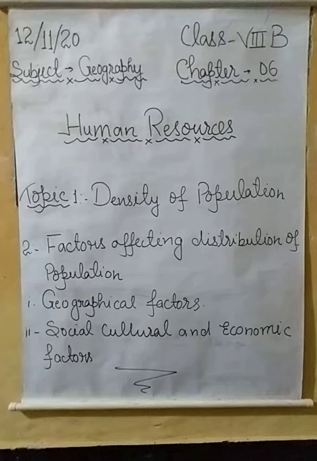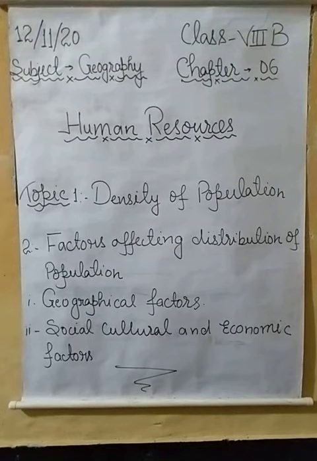So students, the density of population means the number of people living in a unit area of the earth's surface, or the total number of people living in 1 square kilometer of the earth's surface, and it is normally expressed as per square kilometer.